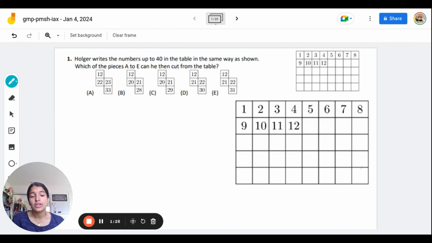So we are looking at this table, and we can see that it's going in normal ascending order. And we know that they start off with the tile 12. So we know that the top tile will be 12 right up here. And when we follow the shape of the different options, we know that the shape will roughly look like this.